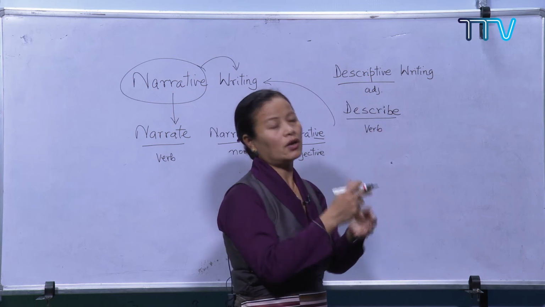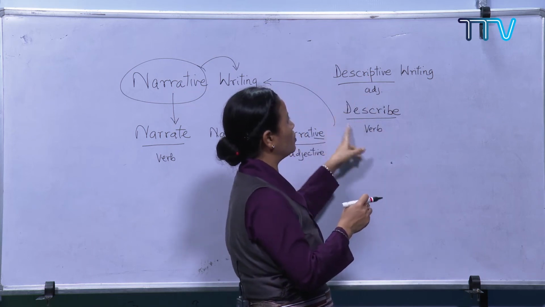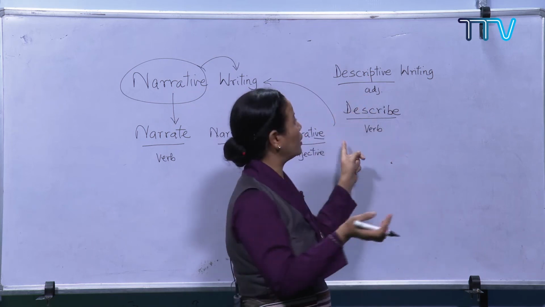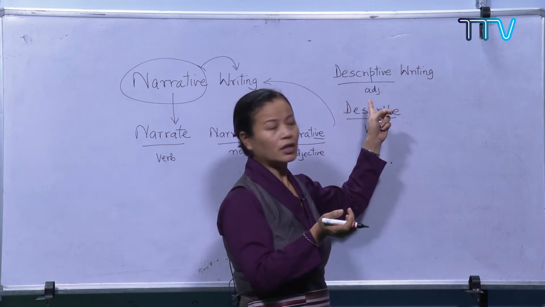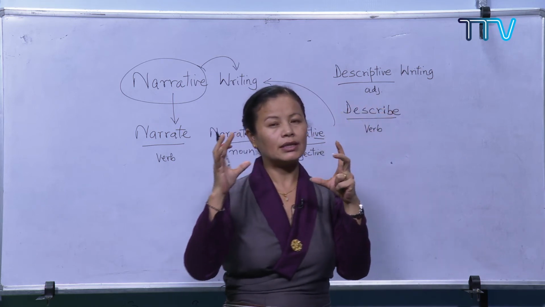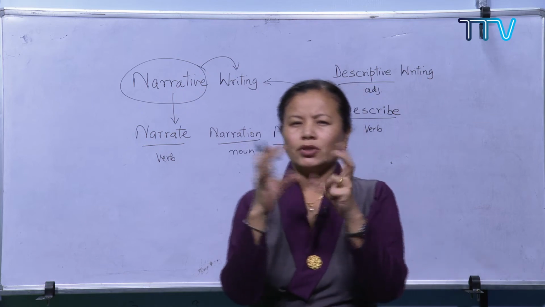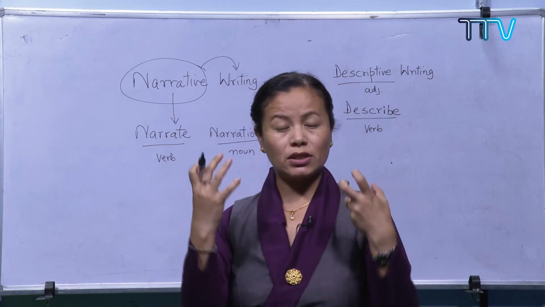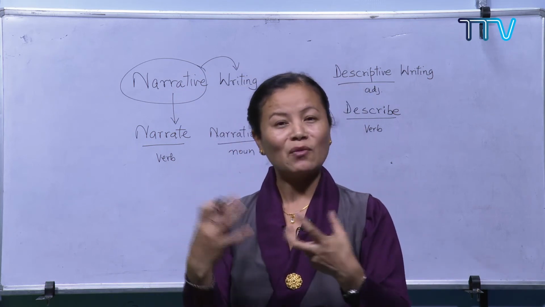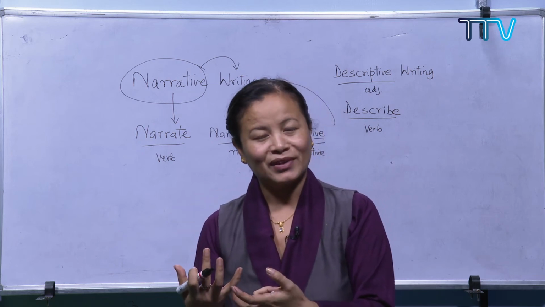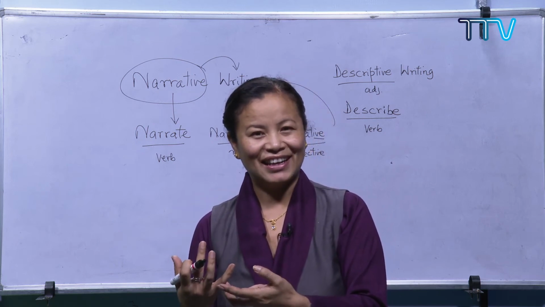Describe is a verb, description is a noun, and descriptive is an adjective. So you can guess descriptive writing is a sort of writing where someone is describing something. Does that make sense? Good.